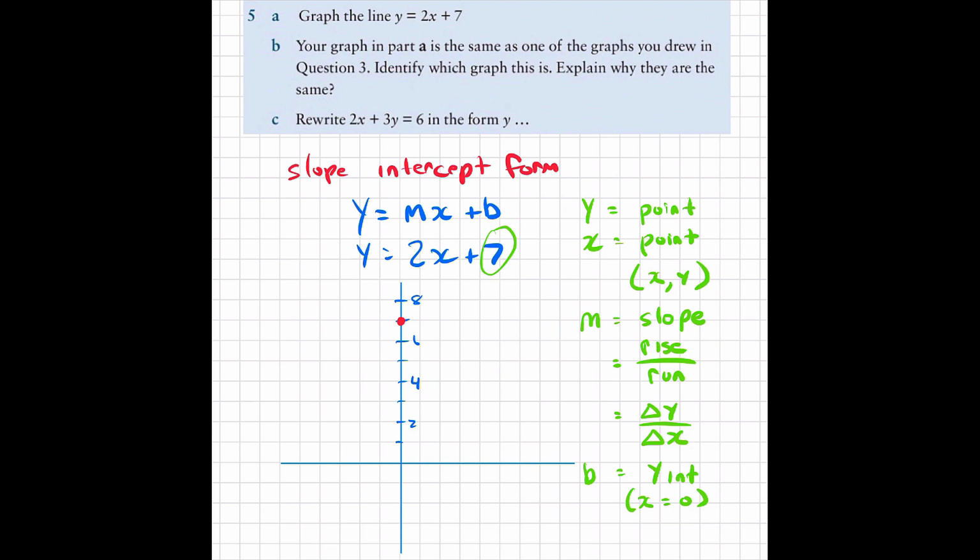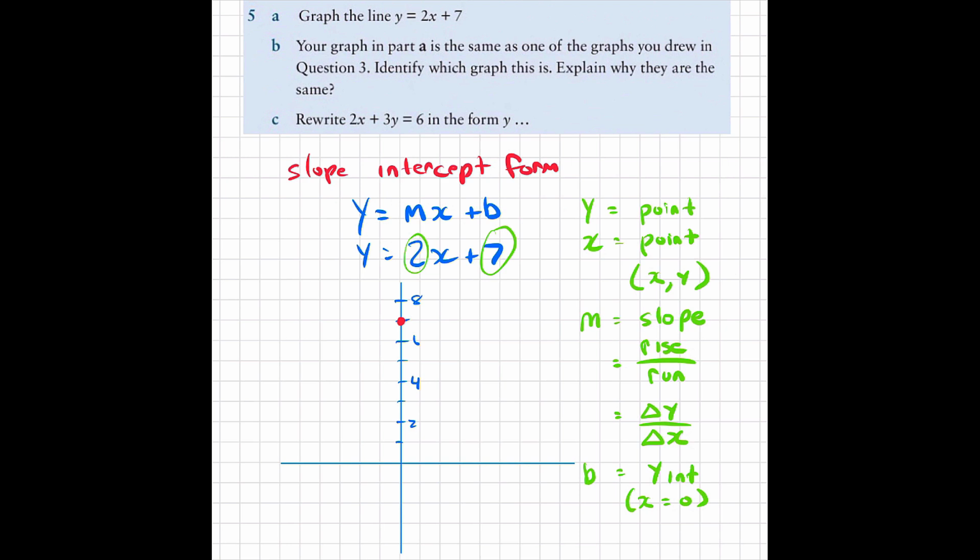Now how do I find some other points? Well, I can randomly choose some values of x, put it into a table of values, and it might turn out that the x and y are both integers, but possibly not. So in this case, we can just take a look at the slope. Now, this has a slope of 2, but remember, slope is rise over run. It's the change in y, how far you're going to move in the y direction over how far you're going to move in the x direction.